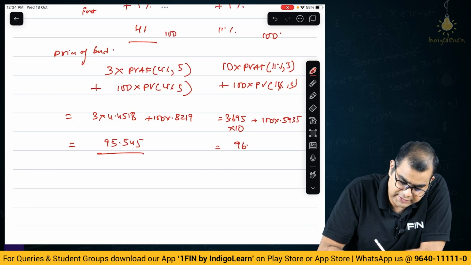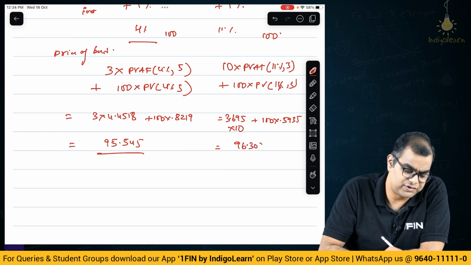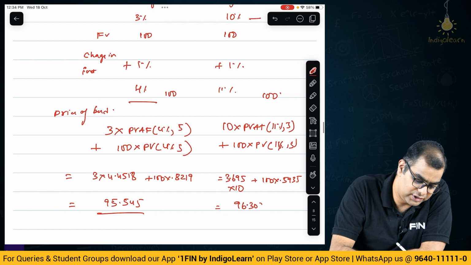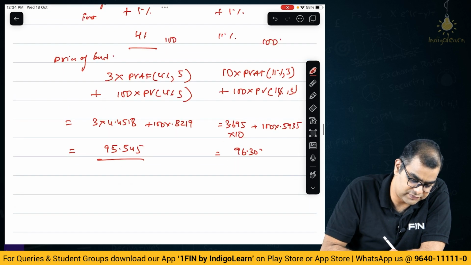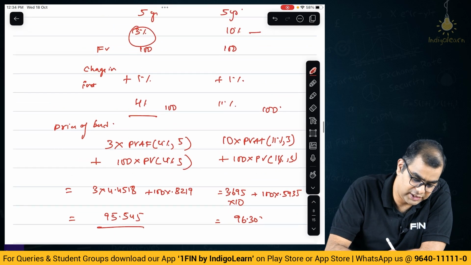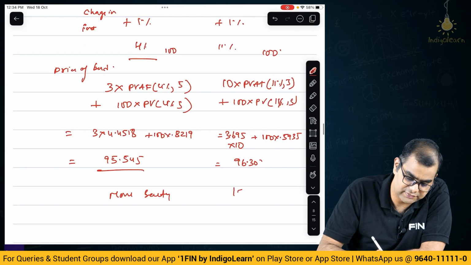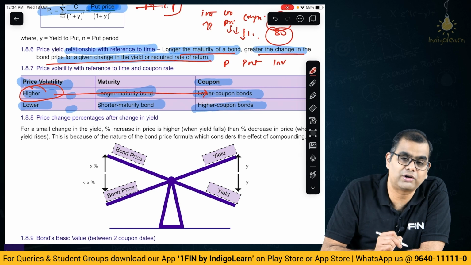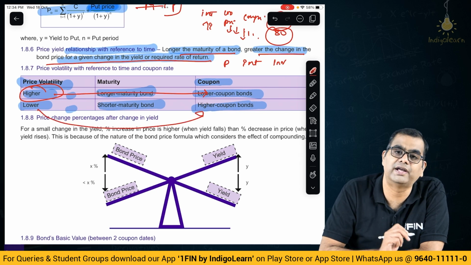The price will be 96.30. You see which one is more sensitive? The one with the lower coupon is more sensitive. The one with the higher coupon is less sensitive. See, the one with the lower coupon is more sensitive and the one with higher coupon is less sensitive.